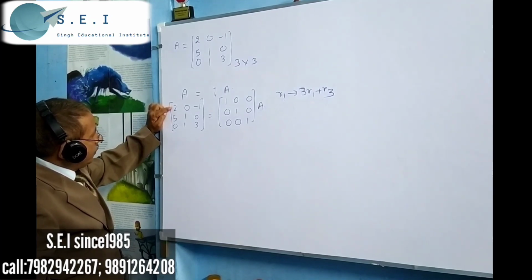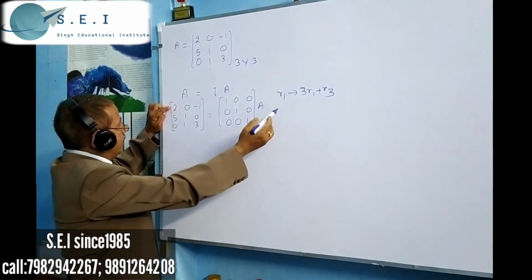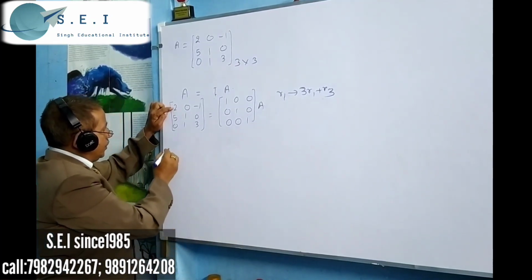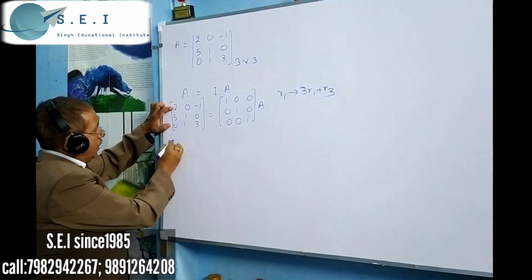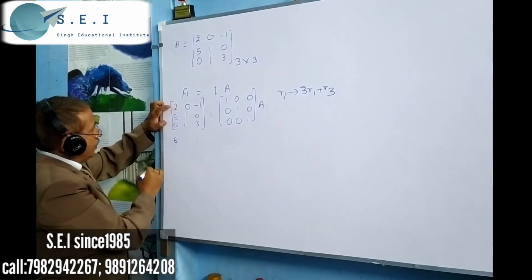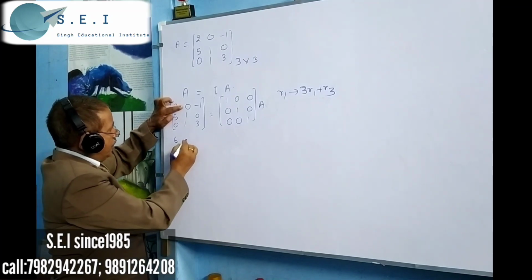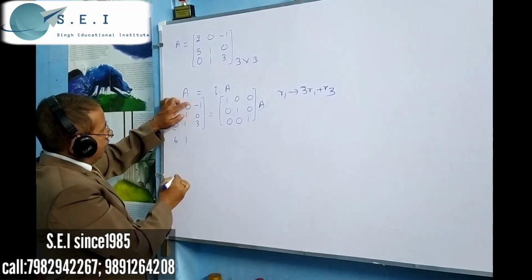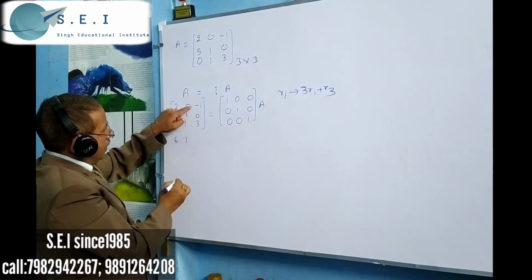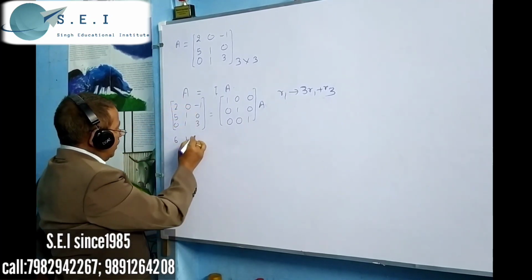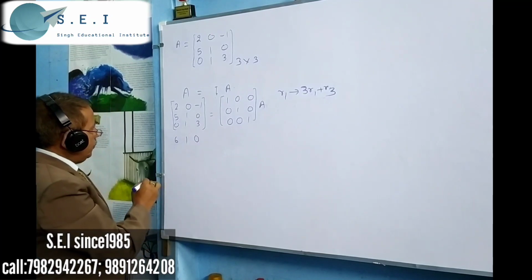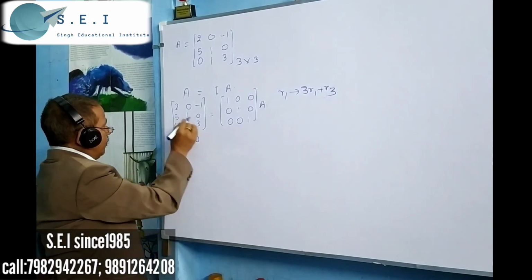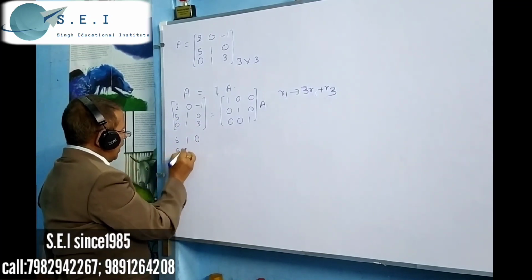So R1 is equal to thrice of R1: 3 multiplied by 2, which is 6, plus 0 is 6. 3 multiplied by 0 is 0, plus 1 is 1. 3 multiplied by minus 1 is negative 3, plus 3 is equal to 0. Remaining terms are written as it is.